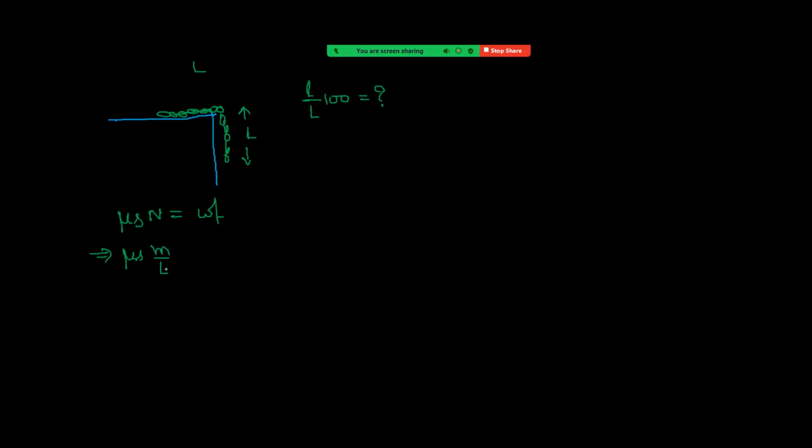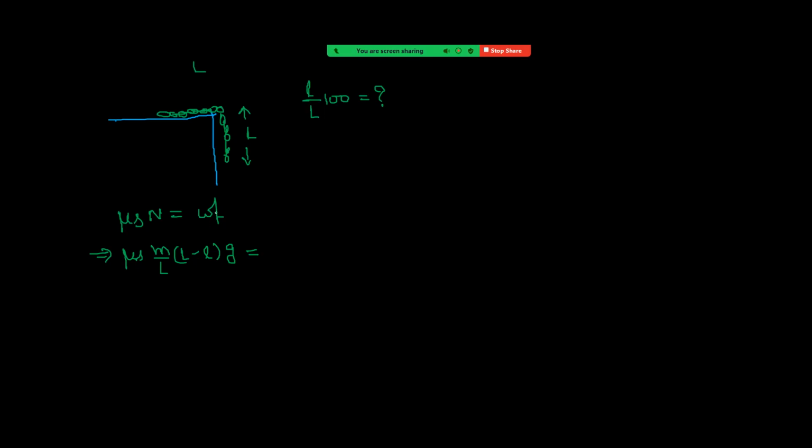Then m by L gives mass per unit length into length of the chain on the table. Okay. Into g. This is normal reaction. Mu s into this is weight of the chain on the table. M into g. This should balance weight of the hanging part of the chain.